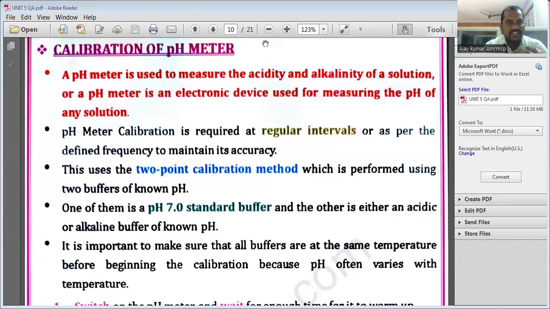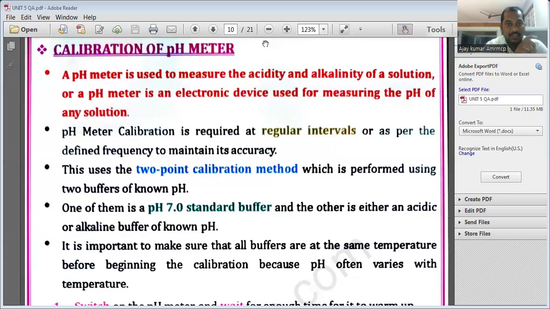The pH meter calibration is required based upon the frequency, that is 24 hours. For every 24 hours, before taking the first reading, the pH meter has to be calibrated as per the defined frequency, and it has to be maintained in its accuracy.